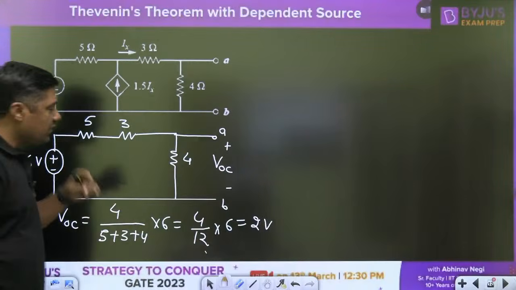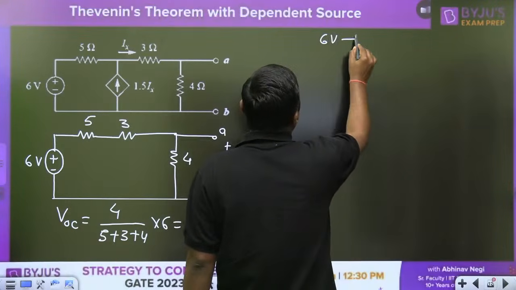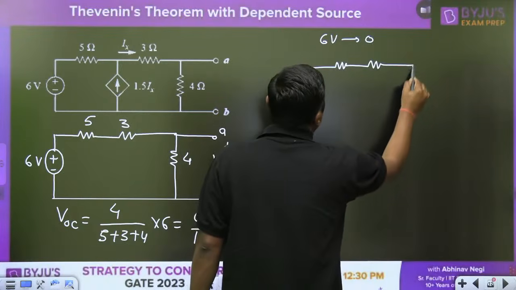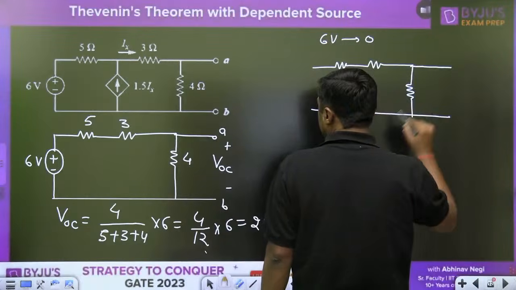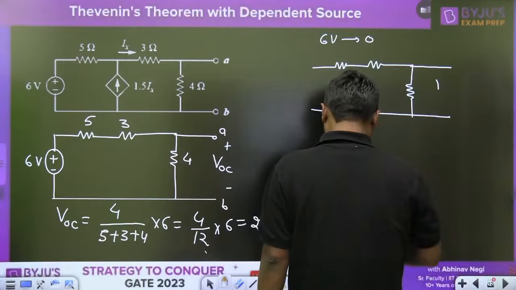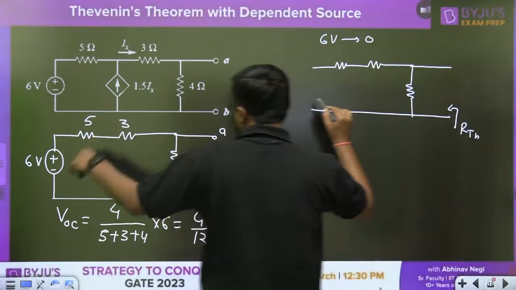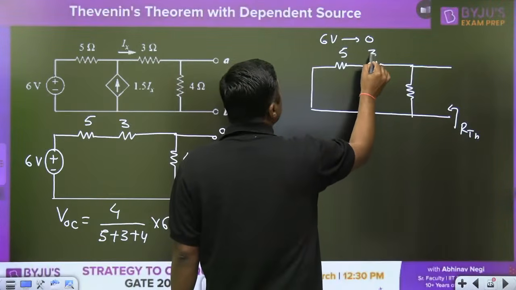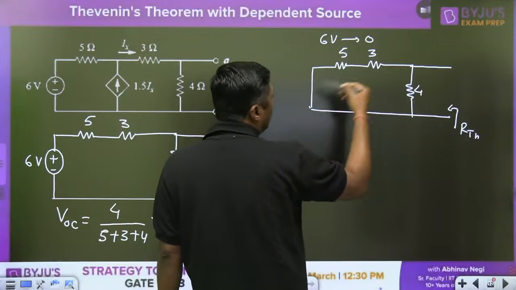And if you want to find the Thevenin's resistor, always make the source 0, then the 6 volt will tend to 0, with 5, 3, and this is the 4 ohm. And then this RTH means, new students, please watch this. RTH means simply make the active source 0. This is the 5, this is the 3, and this is the 4. And now what is the answer?